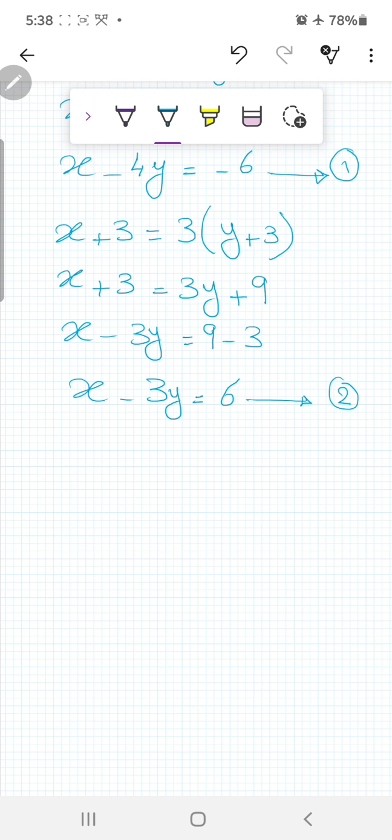Okay, first write the two equations under each other. So we have x minus 4y equals negative 6 and x minus 3y equals 6. Here we have the coefficient of x the same as the coefficient of x, so make it subtraction. How to get subtraction? As we said, exchange the sign of the second equation.